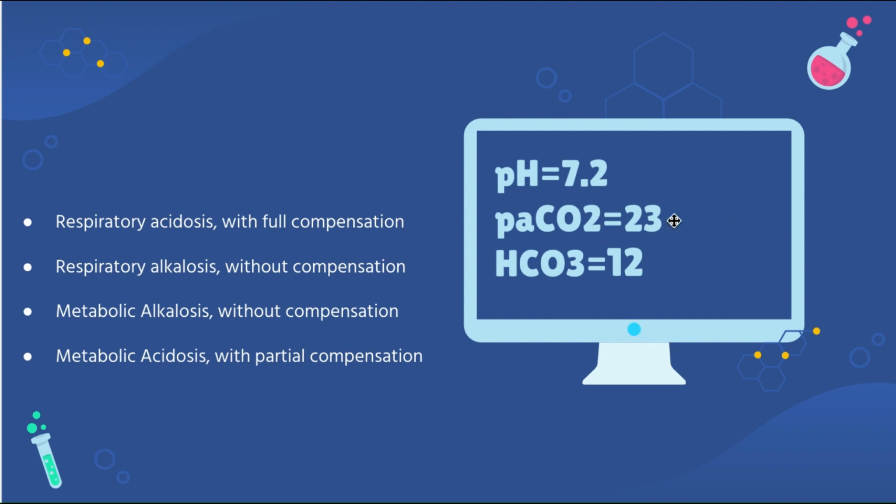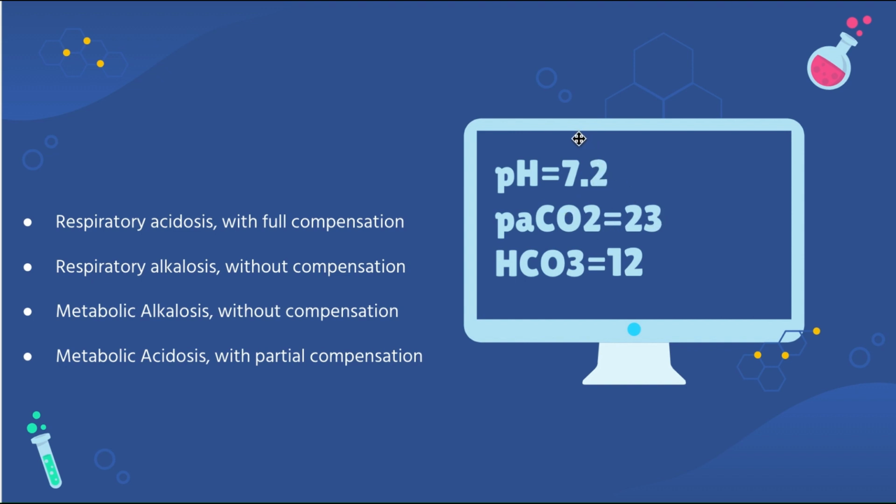Here, the PaCO2 is low. Since the PaCO2 is low, that means it's trying to compensate by removing the acidic component of the blood. The low PaCO2 is trying to compensate by removing itself from the equation to make the blood more alkalotic.